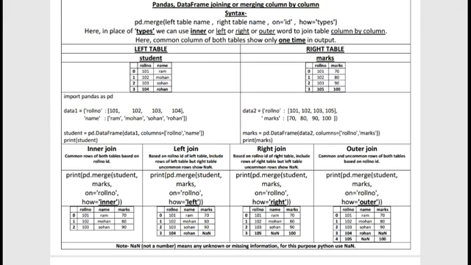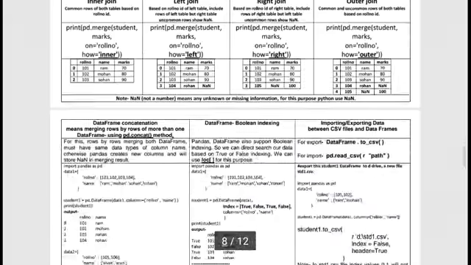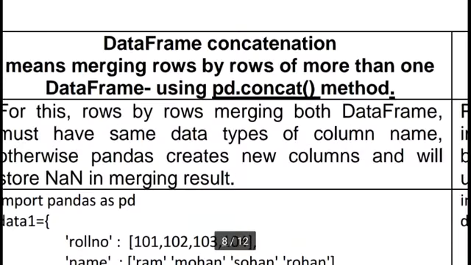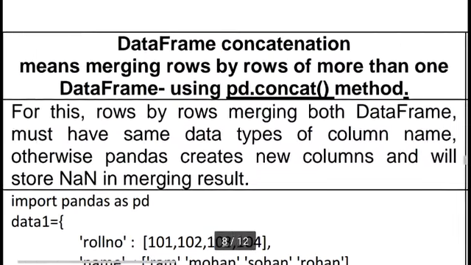So this is a simple topic, we can merge, but in the next topic I want to join row by row, not column by column. For this purpose we will use the concat function, not the merge function. The merge function always joins column by column, but the concat function always joins row by row. So this is our next topic, data frame concatenation, meaning merging rows by rows of more than one data frame.